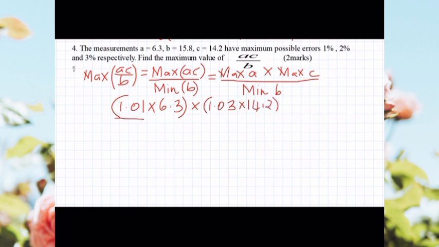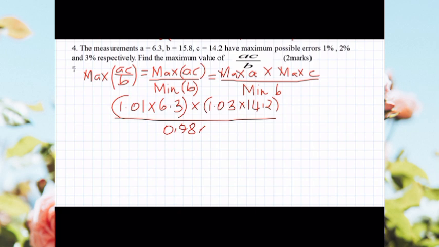Then all these we divide by the minimum for B. In this case now, the minimum for B, we take away 2% from the 100% in order to obtain that the value of B now after the error on the minimum side is going to be 0.98. That is 98%.